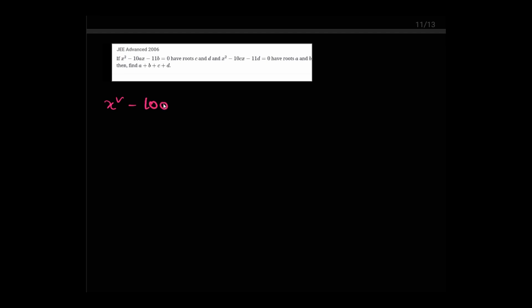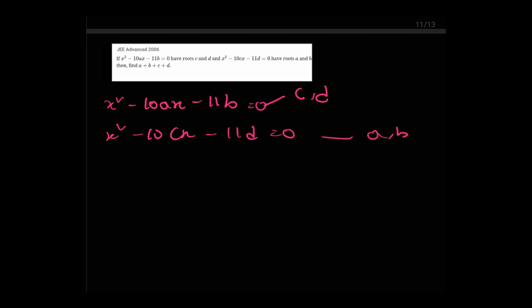So x square minus 10ax minus 11b has roots c, d, and x square minus 10cx minus 11d has roots a, b. Now we have to find a plus b plus c plus d.